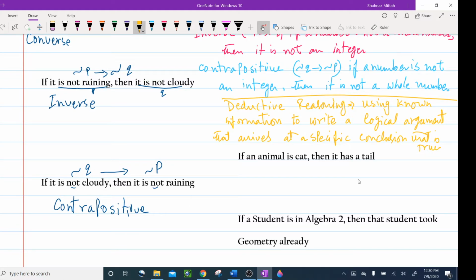Okay, so in inductive reasoning, remember, we observe the patterns and examples, and the conclusion may or may not be true. But in this one, the conclusion must be true, and we use known information.